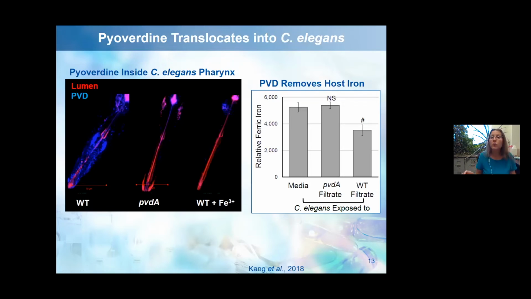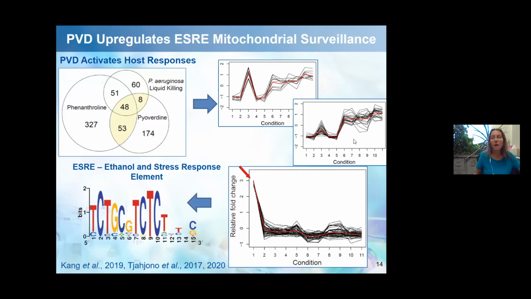We were curious, what does it do to the worm? What's the host part of this host pathogen interaction? To answer that question, we performed microarray studies where we exposed C. elegans to whole bacteria Pseudomonas aeruginosa, purified pyrogen, or the chemical iron chelator phenanthroline that has a completely different structure.